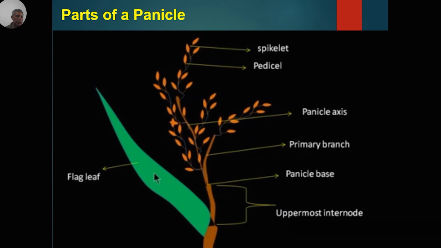The panicle is further divided into primary branch and secondary branch. This one and this one. All these branches bear spikelets.